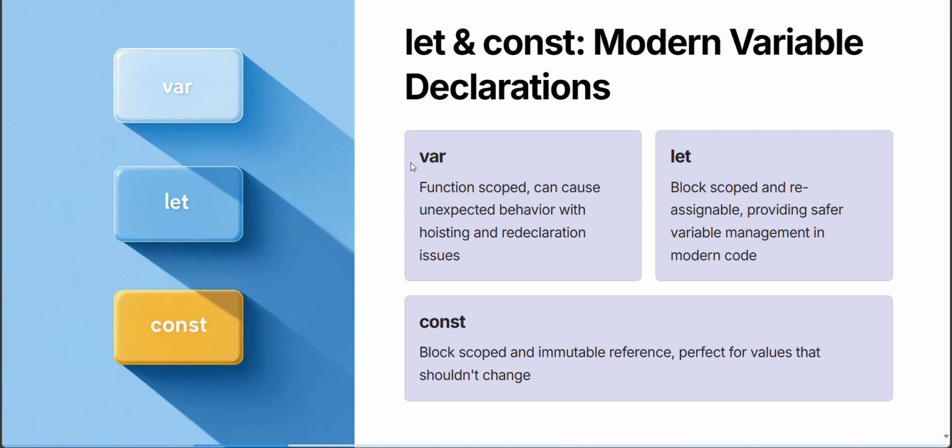Const is also block scoped but can't be reassigned once declared. Because of this difference, let and const are considered safer and widely used in modern code, while var is mostly avoided.